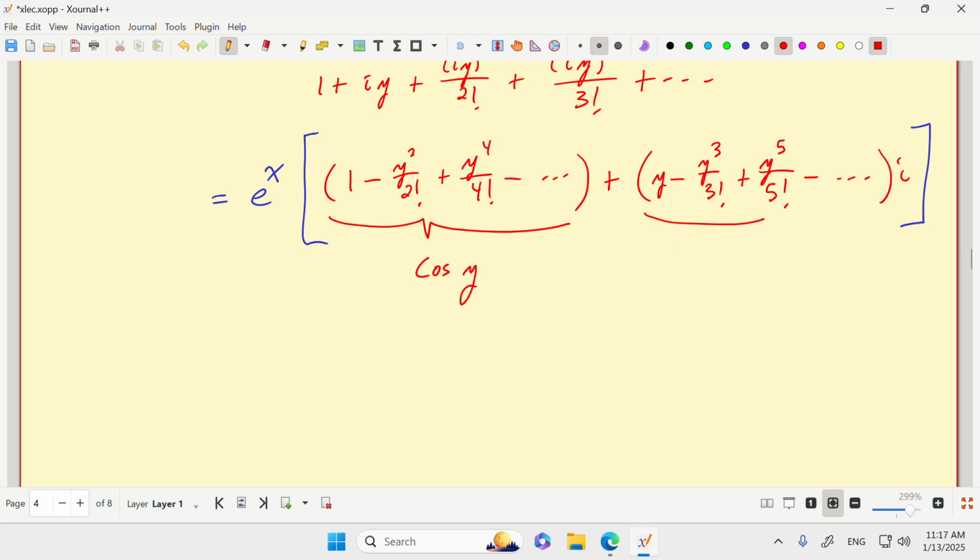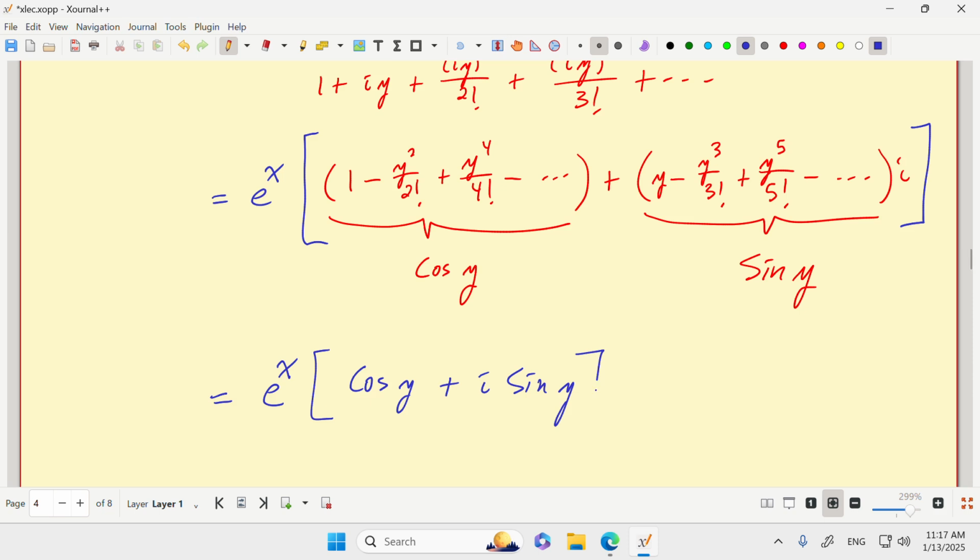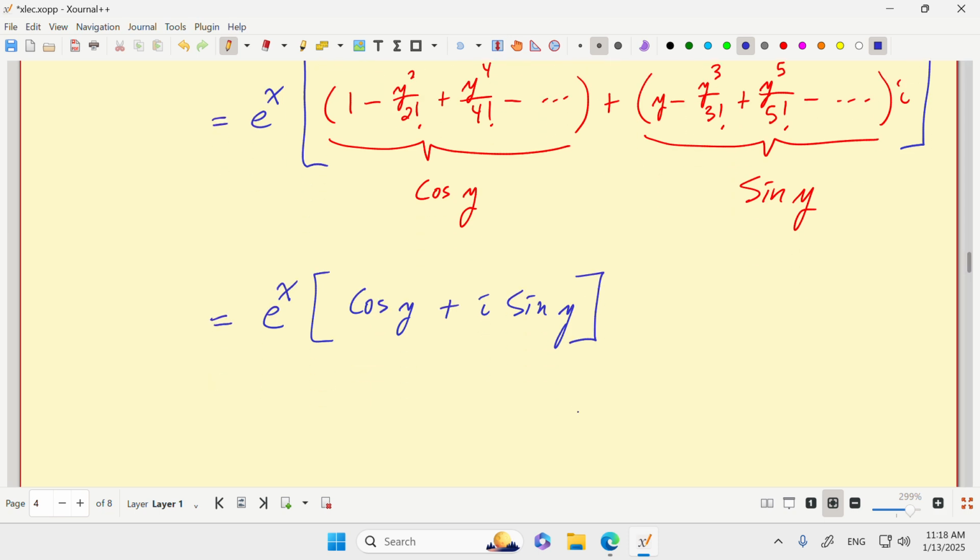And he recognized this as the power series for the sine function. And so if the complex exponential is going to make sense, it ought to be e to the x times cosine y plus i sine y. And he invented the notation that this is e to the iy.